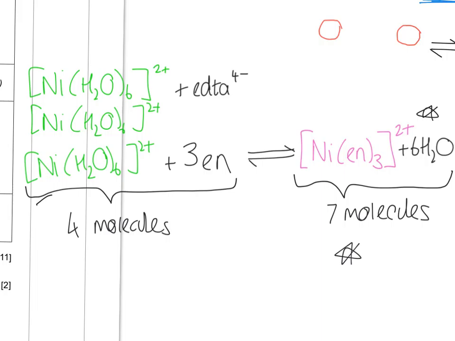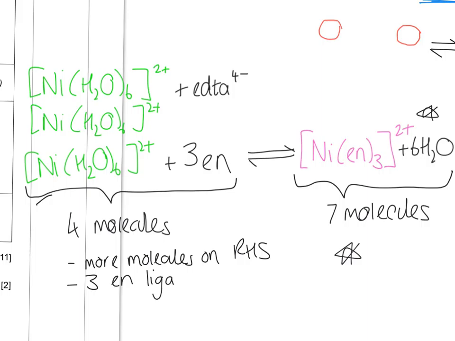You can explain this in a couple of different ways. You can make the point that there are more molecules on the right-hand side, or that 3 en ligands replace 6 water ligands.